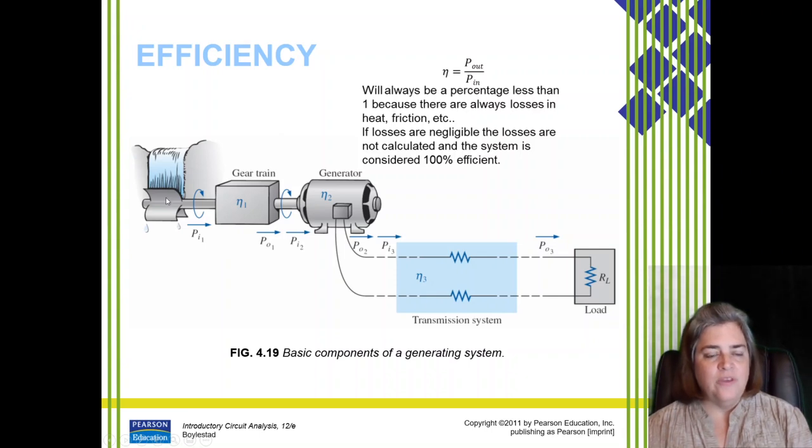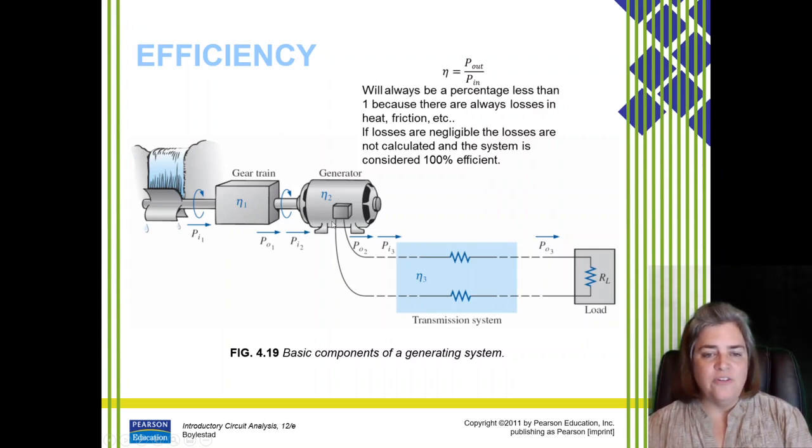Okay, so here we're looking at a system where you have a turbine, a gear train, and a generator. And this is generating the electricity that's going through the transmission system and then ultimately to the load to supply power, right? Or to supply energy to a client or a customer. Now, the gear train has an efficiency of something, maybe it's 20%.